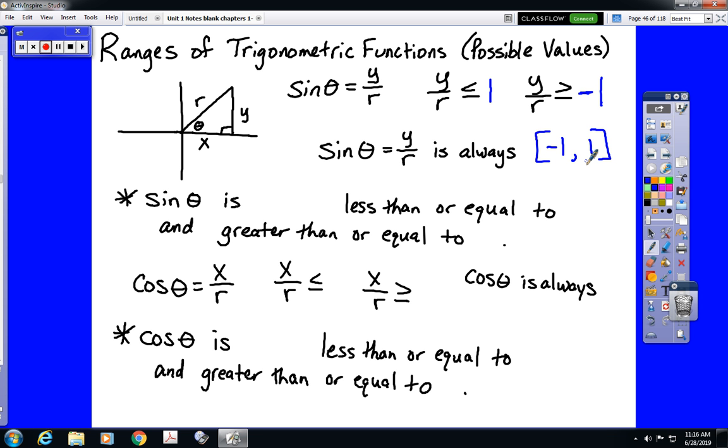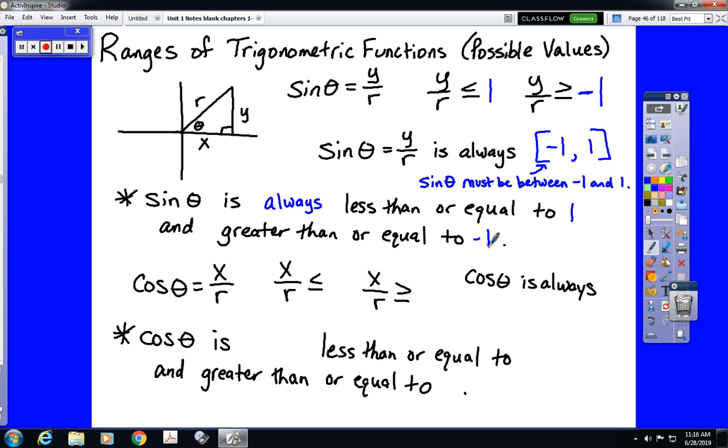I wrote that in what's called interval notation, but what that says is that sine theta must be between negative 1 and positive 1 inclusively. In other words, sine is always less than or equal to 1 and greater than or equal to negative 1.